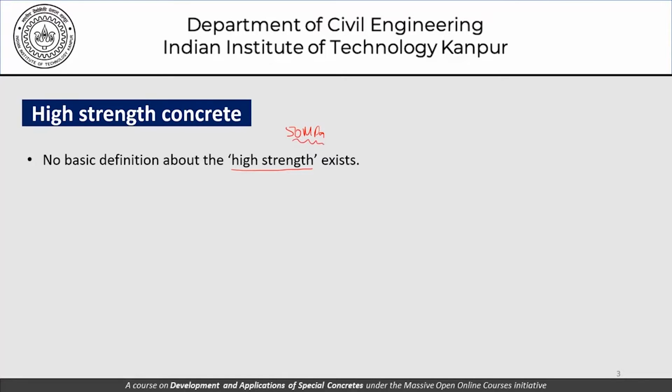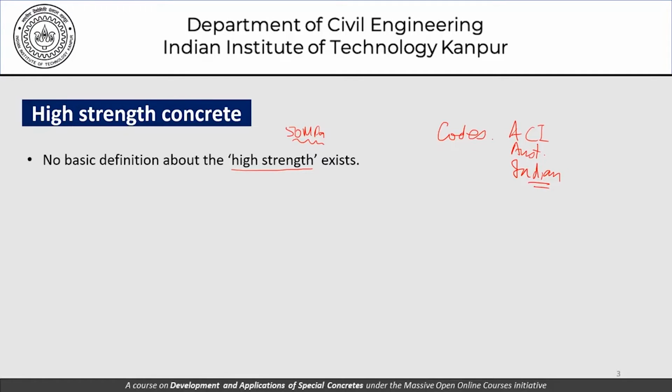No such definition exists. I'd encourage you to read the different codes in the world. For example, you could look at ACI, the Australian document, and of course the Indian documents, and you will find that there's no standard definition of what is high strength concrete.